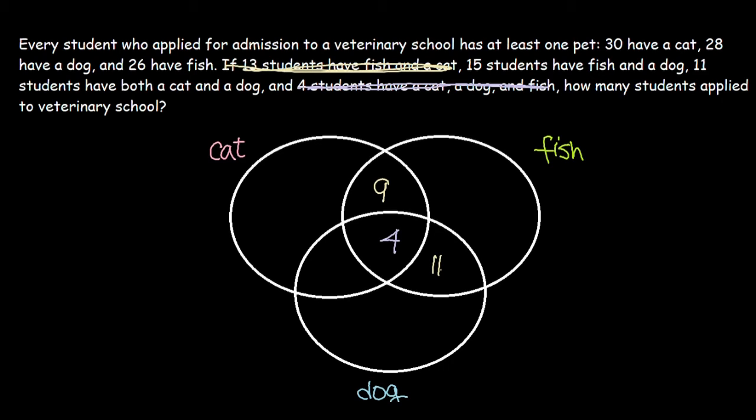Next, we're given that 11 students have both a cat and a dog, meaning that we're going to put number 7 here. So you're going to work your way out like this. Always remember to not just put 13, 15, and 11 here.